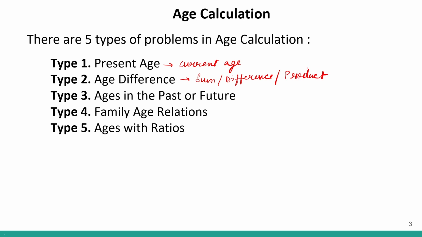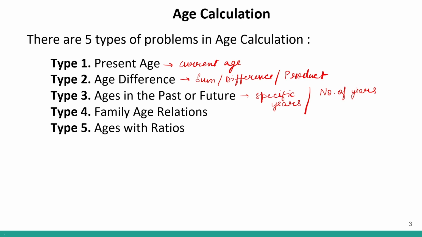Now, ages in the past or future basically means that certain specific years were given to us, like 2022, 2024, or a certain number of years, like 3 years from now, 4 years from now, or 5 years ago.